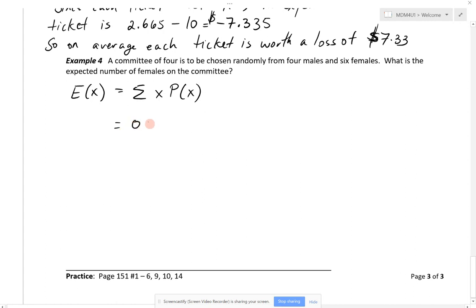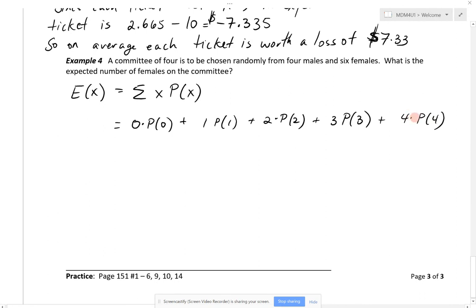So 0 females times the probability of 0, plus 1 female times the probability of 1 female, plus 2 females times the probability of 2 females, plus 3 times the probability of 3 females, plus 4 females times the probability of 4 females.